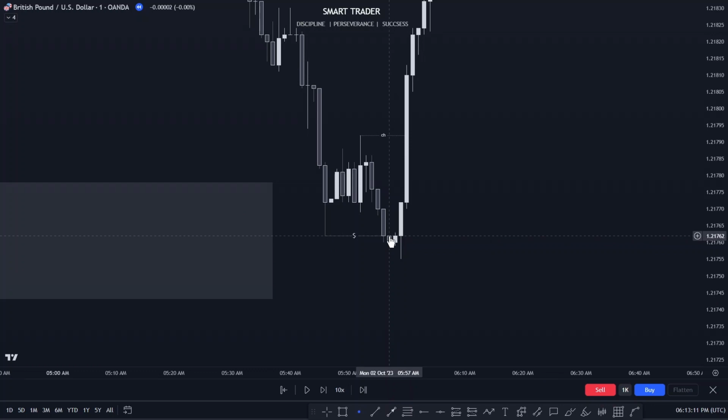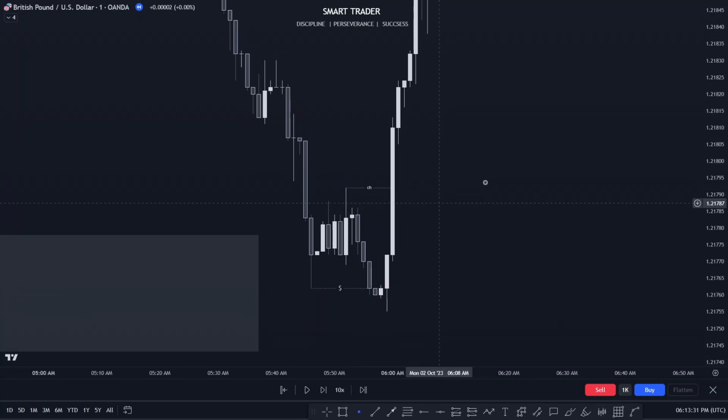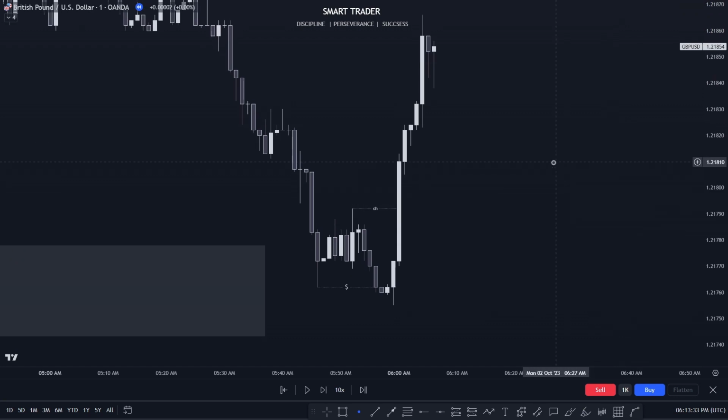How do I know it is a liquidity grab? Just simply because the market has not closed below it after breaking this last low. It is only a wick that has cleared liquidity over here. It has repeated the same process over here. It has also cleared liquidity over here, so we will not need any inducement before our entry.